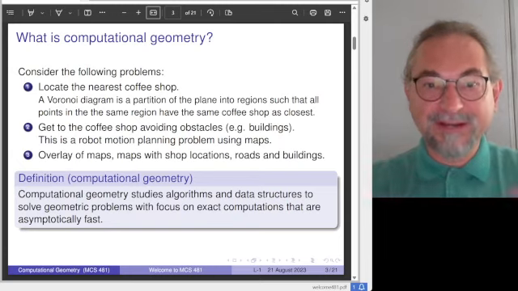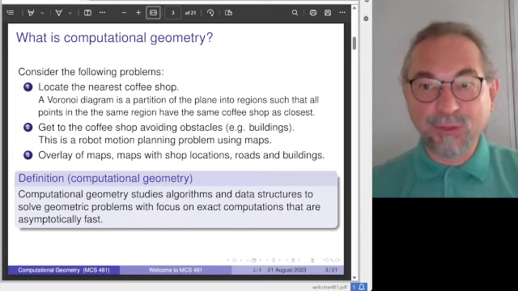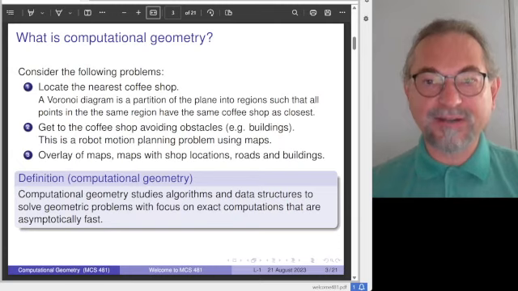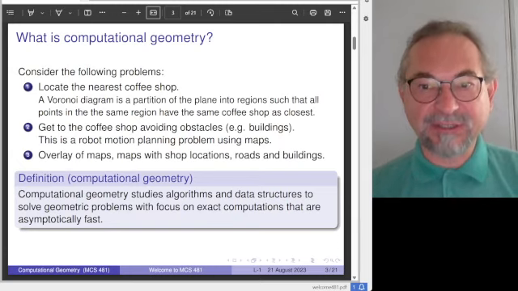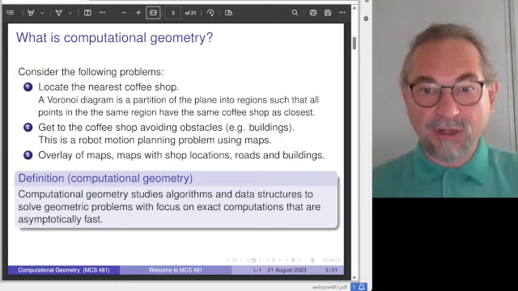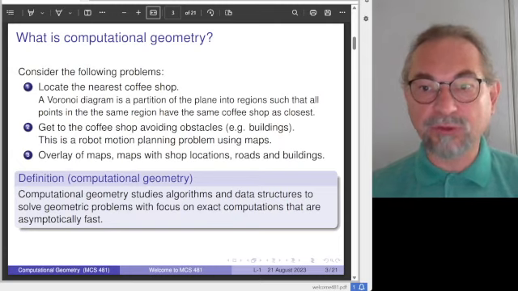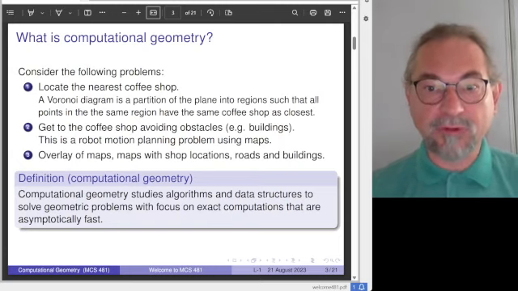We will spend 1 week in this course on Voronoi diagrams, so it is an essential topic. It will involve also the avoiding of obstacles. So we will also talk about those issues in the course.